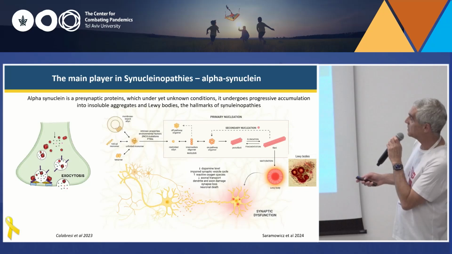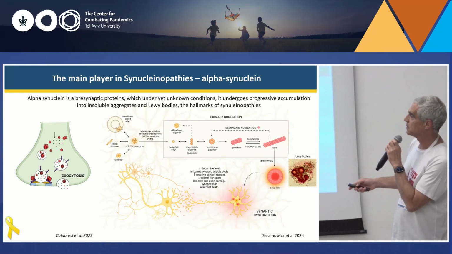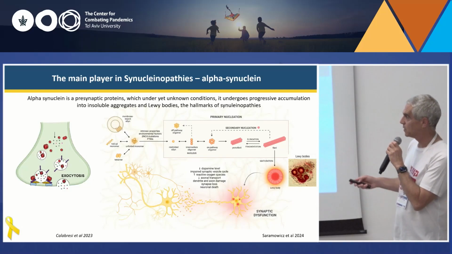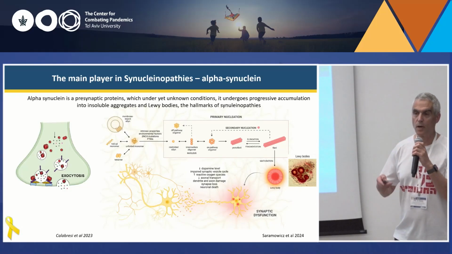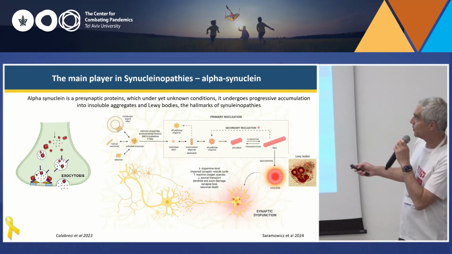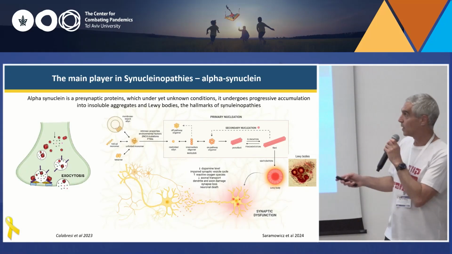And alpha-synuclein is a small protein that is sitting in the synapse and also in the nucleus, which is important. And in the synapse, it's known to be active in the synaptic vesicle cycle. At some point, the protein starts to aggregate.